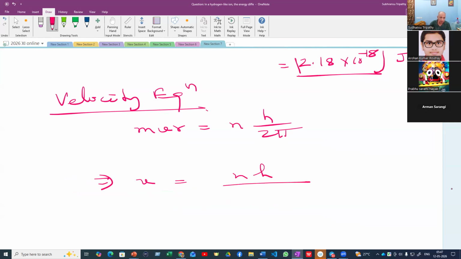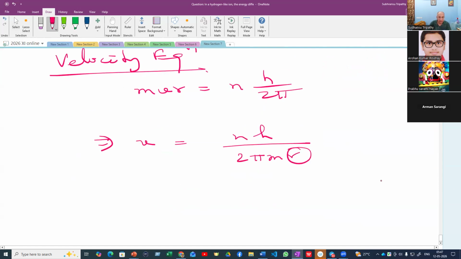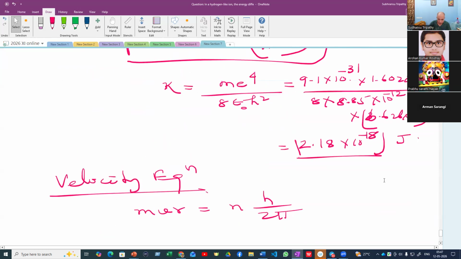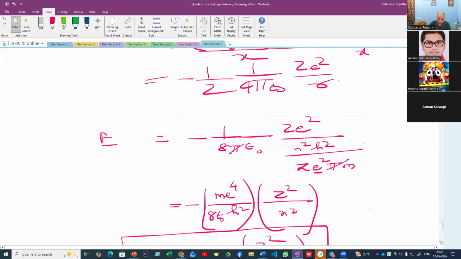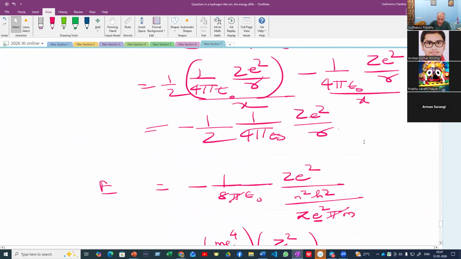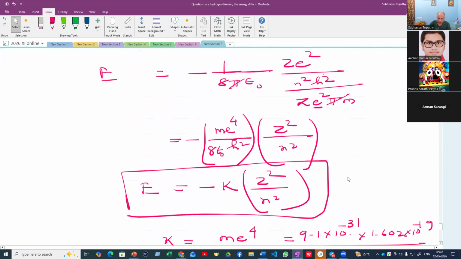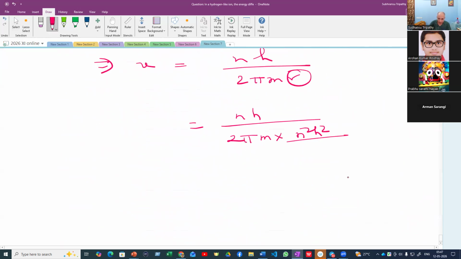Just we calculate once again, using the r value, n square h square by Z e square pi m.